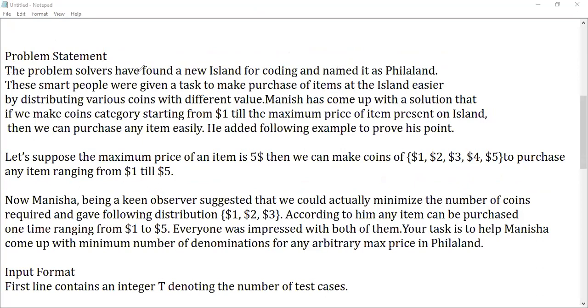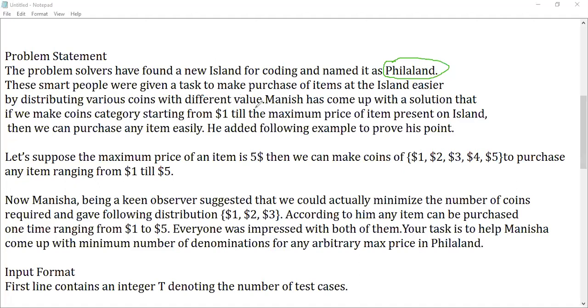The problem solver has found a new island for coding, named it Philaland. These smart people were given a task to make purchase of items at the island easier by distributing various coins with different values. So they found a new island and they are supposed to do the purchase there.